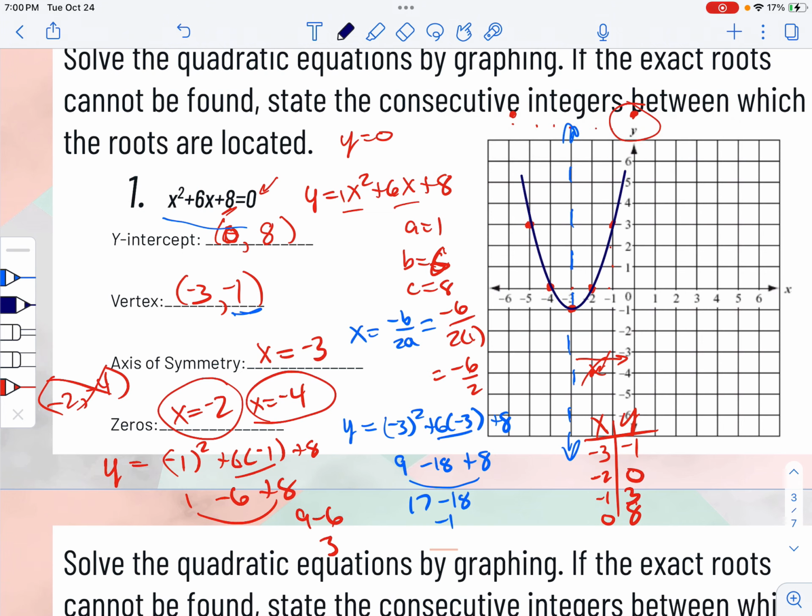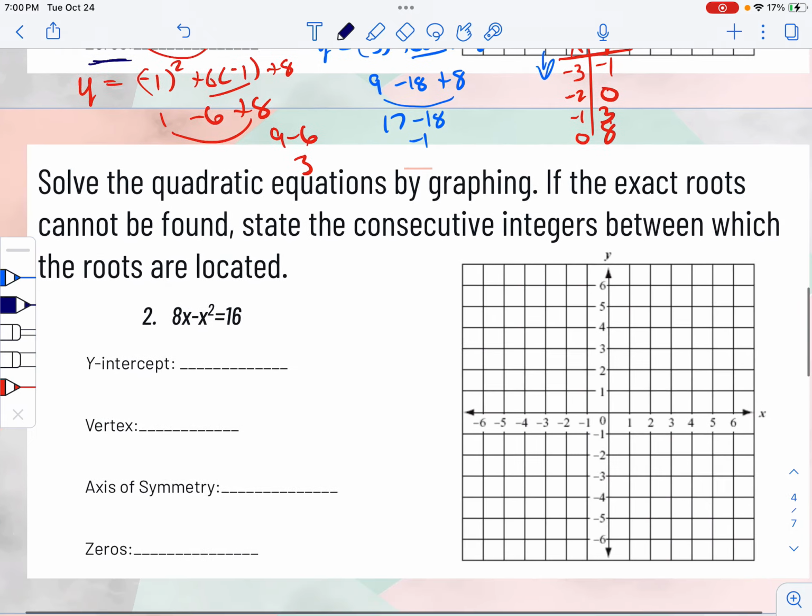And there we go. There's my parabola, and my zeros right there where it crosses the x-axis. Those are also, you could write in there, solutions or roots. Same thing. If they ask for zeros, roots, or solutions, they're just looking for where it crosses the x-axis.